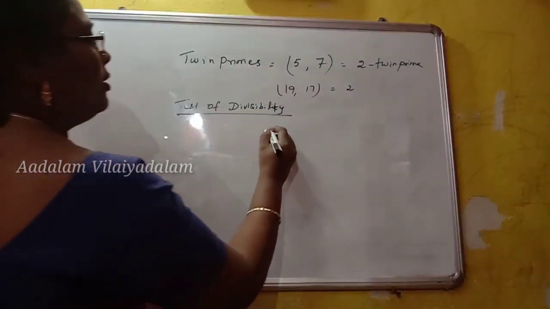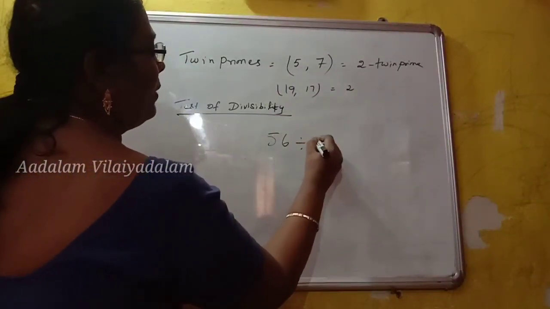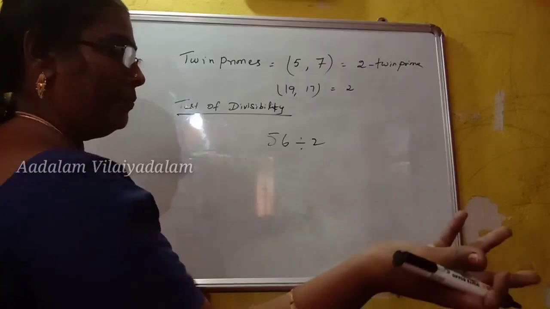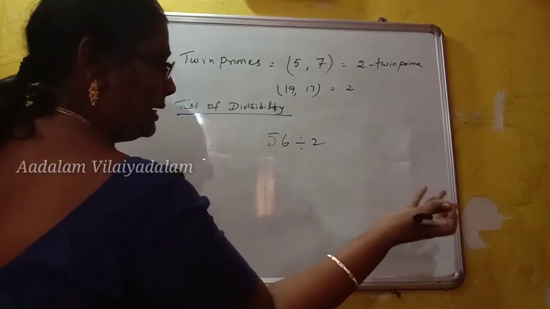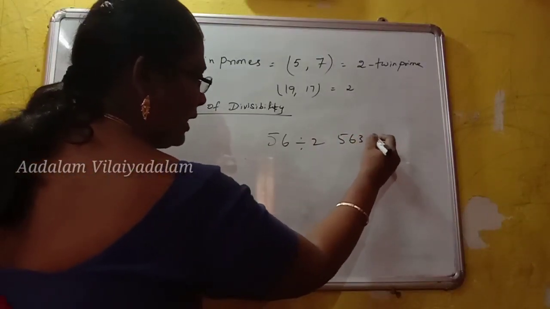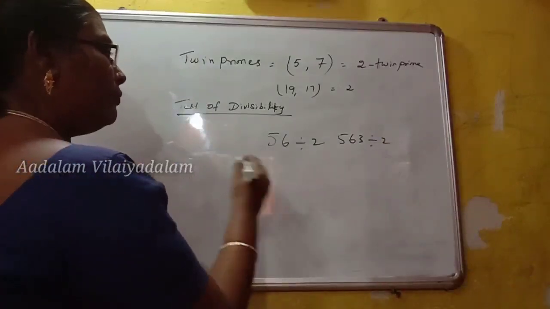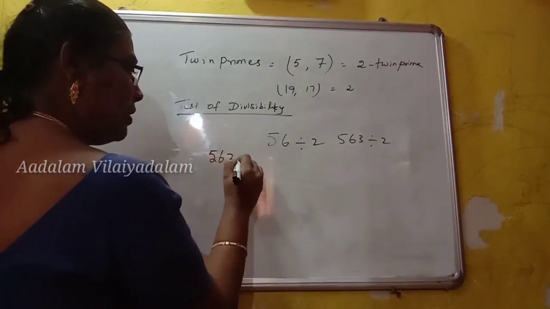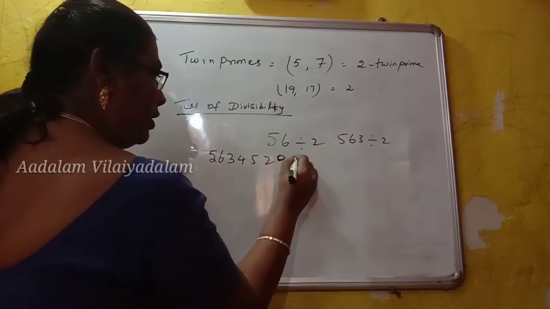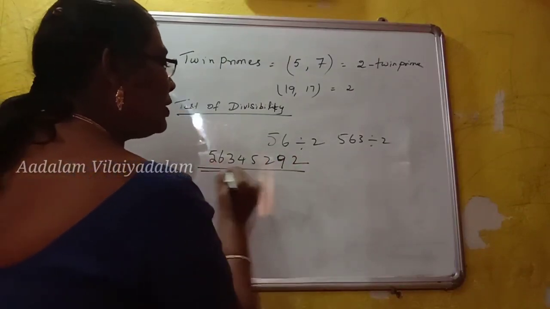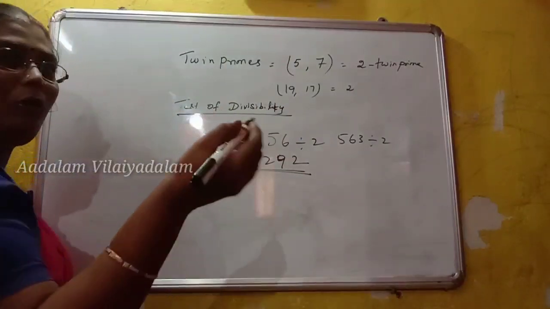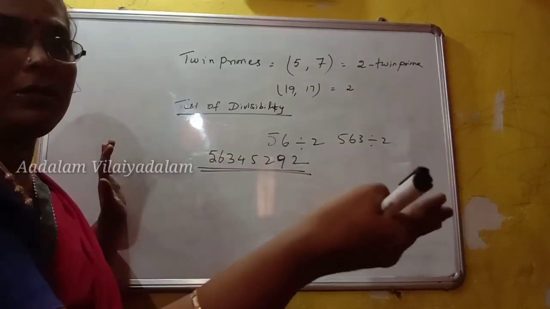For example, 56 divided by 2 you can do easily. 563 also you can divide easily. But if you get the number 5634529 2, whether this number will go in the 2 table or not, you don't know, because it is such a large number.